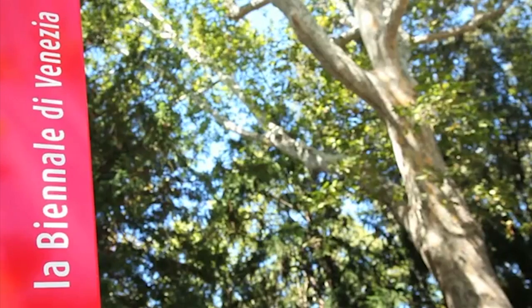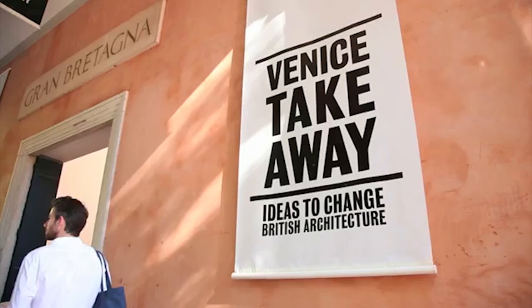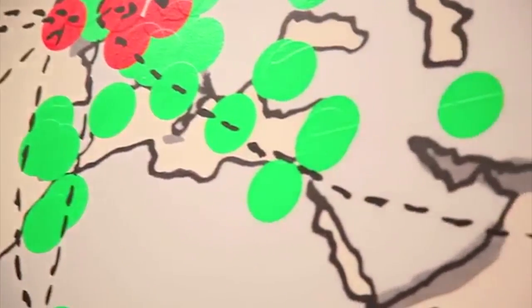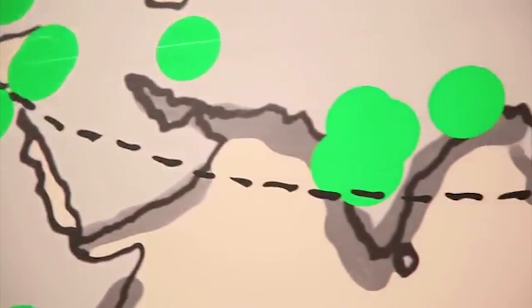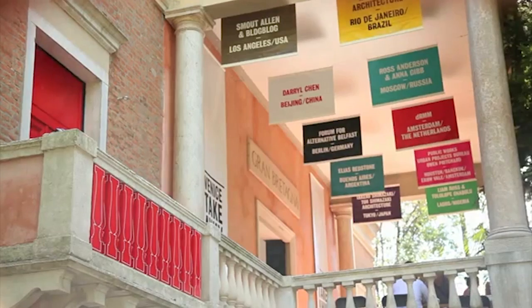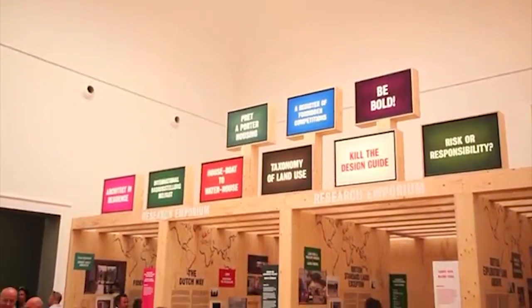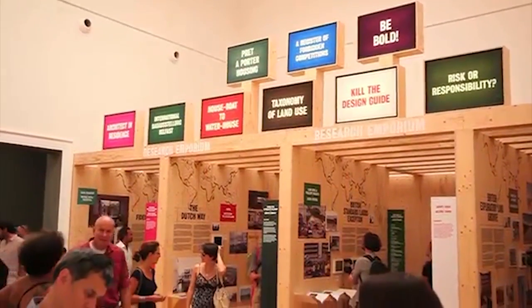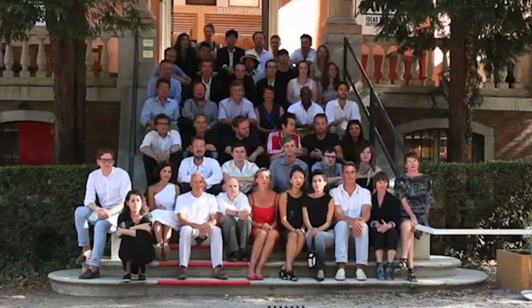The theme is really about looking outwards to the rest of the world for inspiration, for new ideas that could change the way that we make buildings in the UK. We felt that it would be interesting to sort of reverse the process of a national pavilion. So instead of showcasing British architecture, we use the opportunity of the Biennale to bring back new ideas to the UK. There are 10 practices, 10 architectural teams involved in Venice Takeaway, and out of that come 10 proposals.